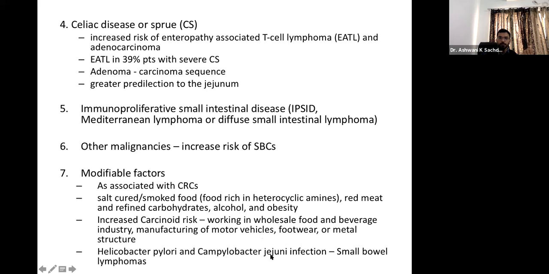H. pylori and Campylobacter jejuni infection are associated with small bowel lymphomas.